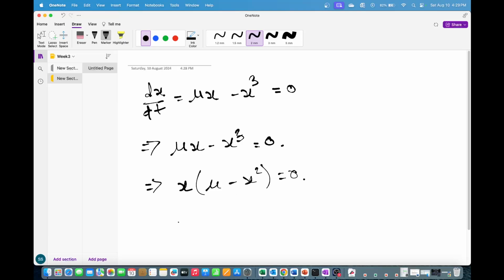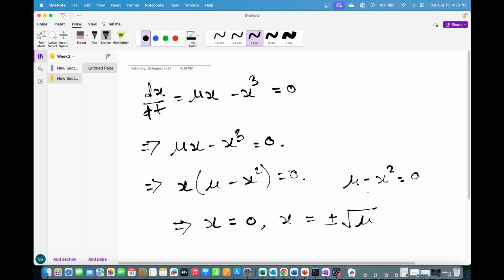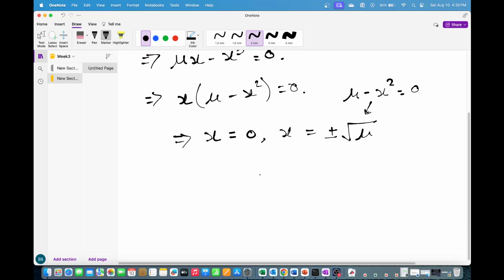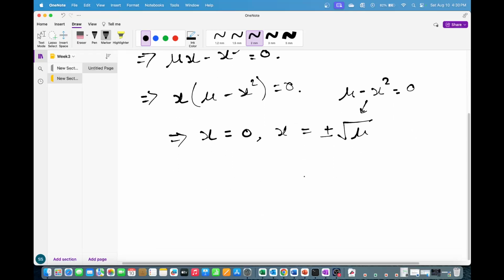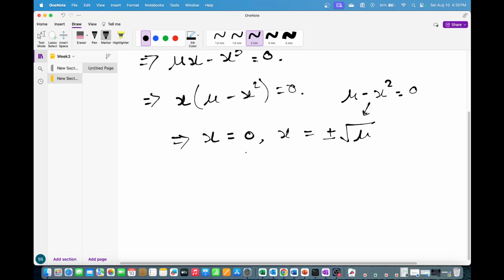So there are three solutions from this equation. x equal to 0, and the other ones are x equal to plus or minus root over mu. If you take mu minus x squared equal to 0, this is what will come. So there are three possible steady states here: x equal to 0, or x equal to plus root mu, or minus root mu.